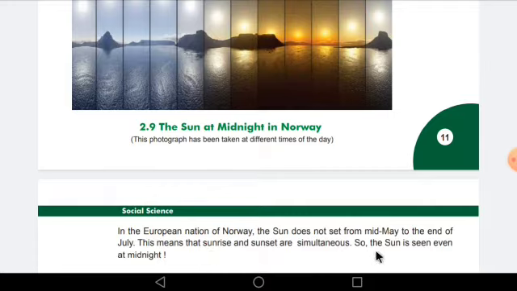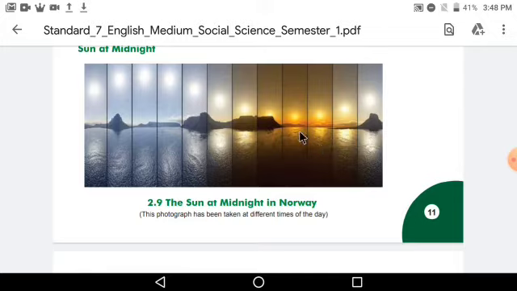That means we can see the sun during the night time also. See over here, you can see that it's night, and still the sun is there.